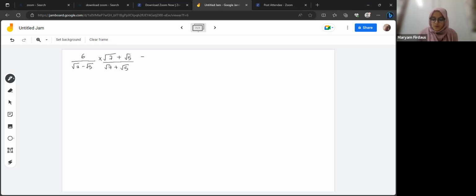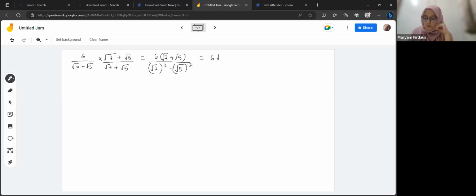Then we will get 6 root 7 plus 6 root 5 by root 7 square minus root 5 square. Very good. So the denominator will be 7 minus 5, which is equal to 2.